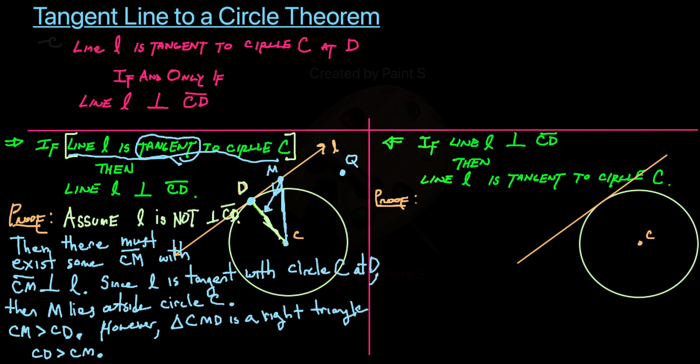And this is your contradiction. Because I have that CM is greater than CD, but now I have that CD is greater than CM. Both of these things cannot be true. This is a contradiction, and you could draw these two arrows facing each other to illustrate it.